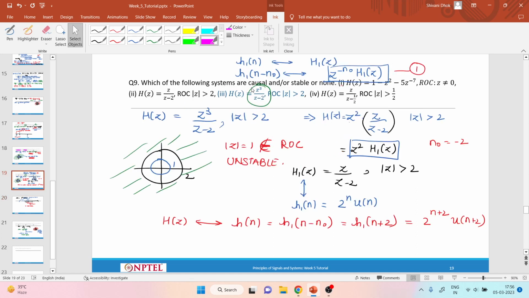Madam, generally we are not discussing anything about zeros. What is the importance of zeros? The importance of zeros is that these zeros bring down the magnitude of this h of z to 0. Zeros and poles make a significant difference while designing filters.